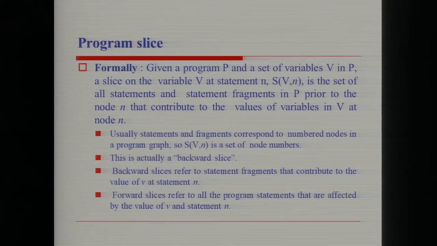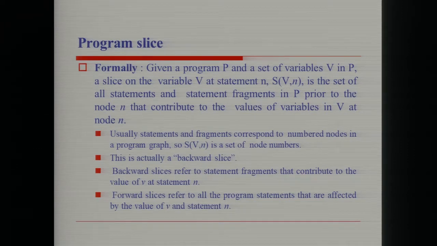Forward slicing means, given the current value of a particular variable V, the statements that follow from a particular statement, whatever values or variables they are affecting or contributing to, are the forward slice.